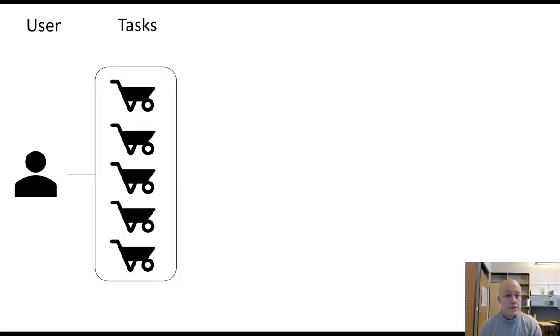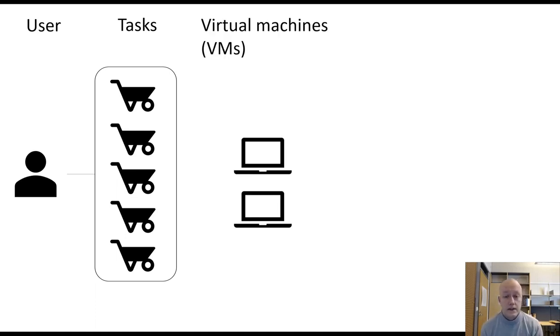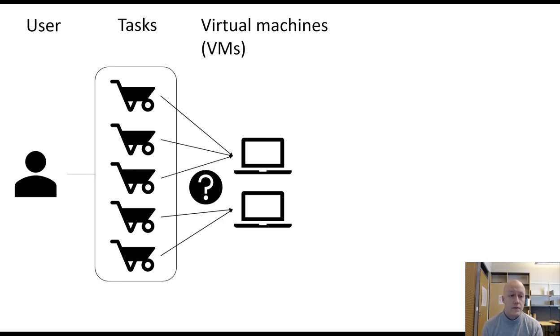So what is the problem a bit more in detail? First we assume that there is a user, and the user has a workload that consists of tasks. Then we fix a set of virtual machines. The first step is that we want to figure out how we should position these tasks on the virtual machines.